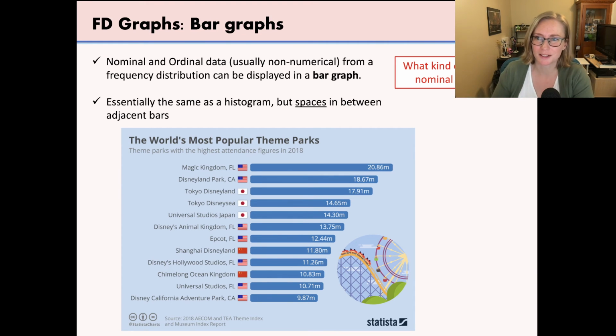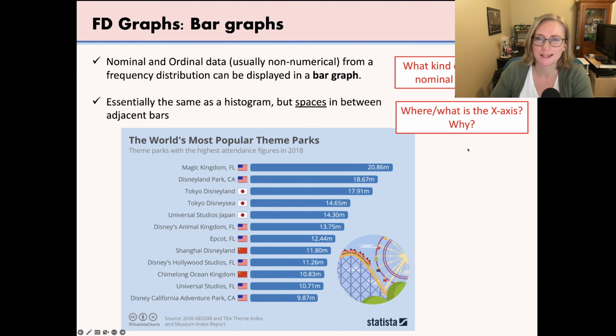If there is, then it would be ordinal, right? But otherwise, I would say this would be nominal data because there's no real way to quantify the difference between Epcot and, I know, Tokyo Disney Sea, right? Although here it's being ranked by popularity. So if it's being ranked, then maybe you could speak towards it actually being ordinal.